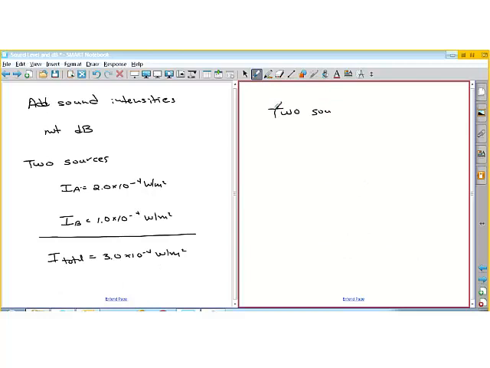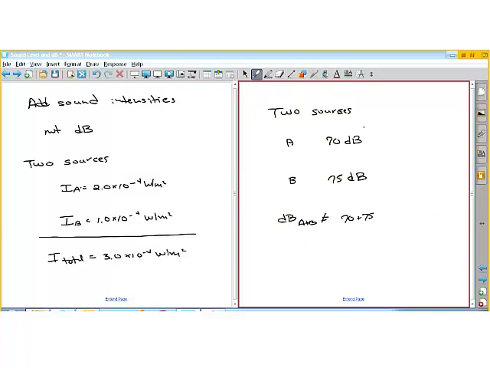But if you had two sources, and source A was 70 decibels and source B was 75 decibels, the decibels for A plus B does not equal 70 plus 75.